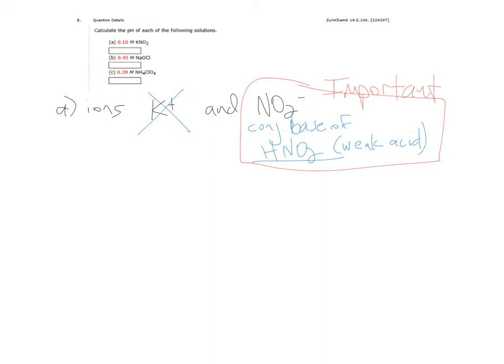If NO2 minus is the important ion and it's a conjugate base, then we're going to write a base dissociation equation. Following the format of any base dissociation, we need water as one of the reactants.